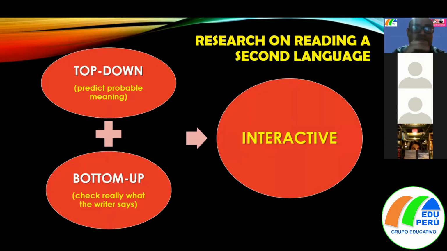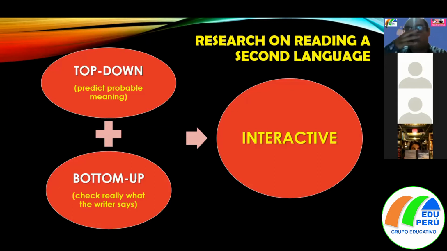And we join these two because we're going to use both processes when we read something, when we try to comprehend a text. The top-down is related to predicting probable meanings, and the bottom-up is related to checking what the writer really says. And when we join these two, we have the interactive.